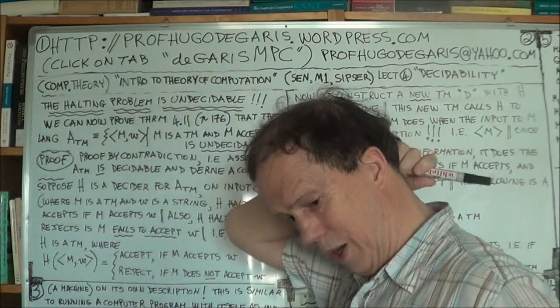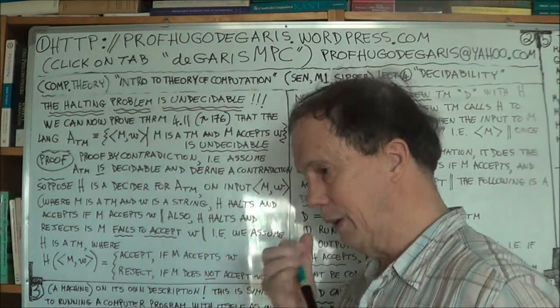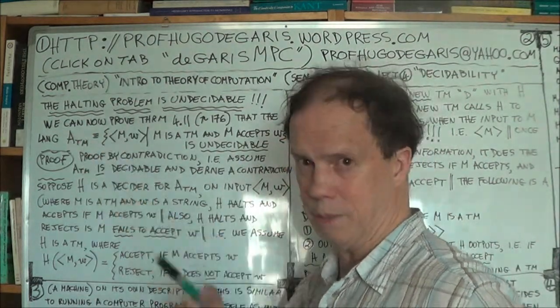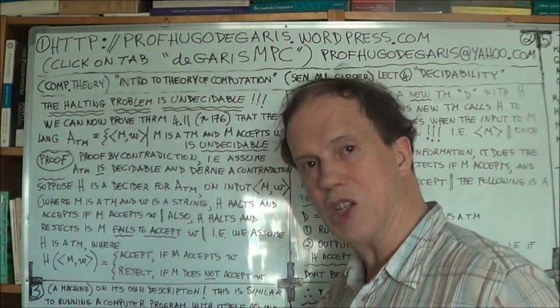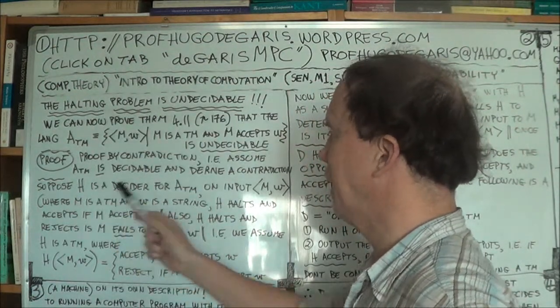So the opposite of that is that it's decidable. So we will assume that this is decidable. Now what does that mean? Well, that means there's some Turing machine that decides it. So let's call that Turing machine H.